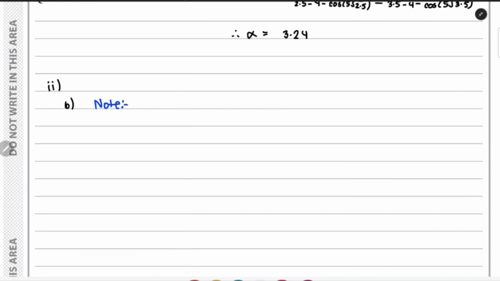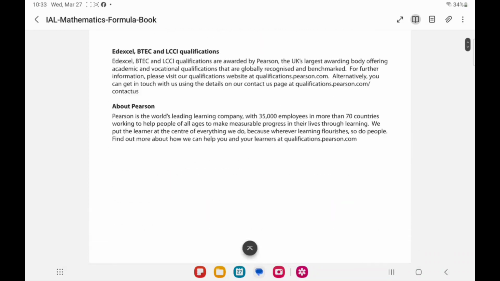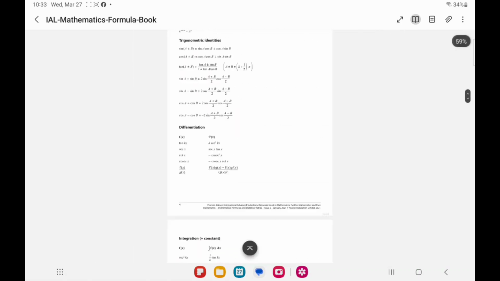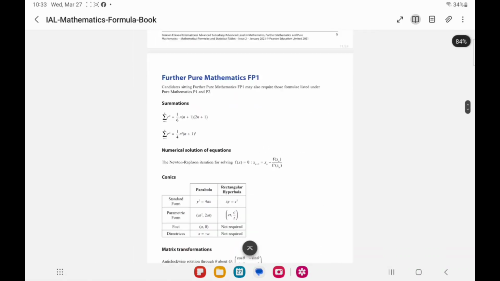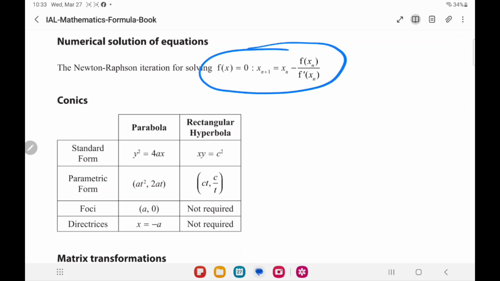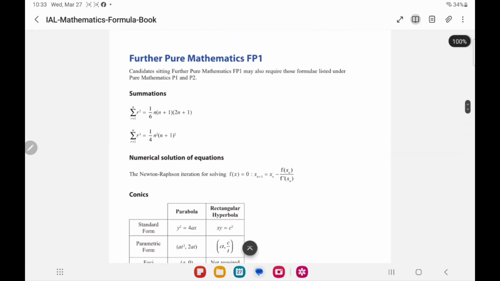There's a formula for the Newton-Raphson method that you'll have to use. I think you'll have that in the formula booklet over here as well. If you move to F1, here we see this, we will be given the equation under F1.